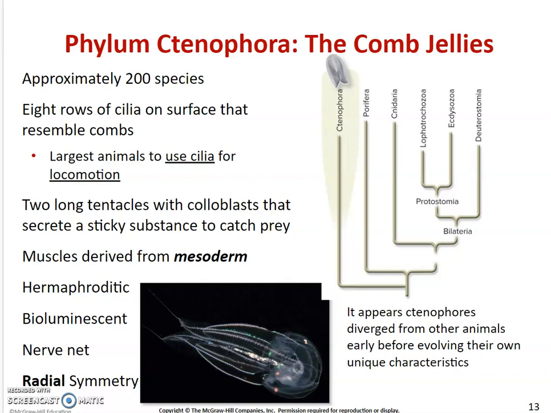And so they do show a nervous type system or nerve cells, just not as expansive of a system as other animals have. And they experience radial symmetry. Radial symmetry is much more developed than, say, the sponges with an asymmetrical body plan.